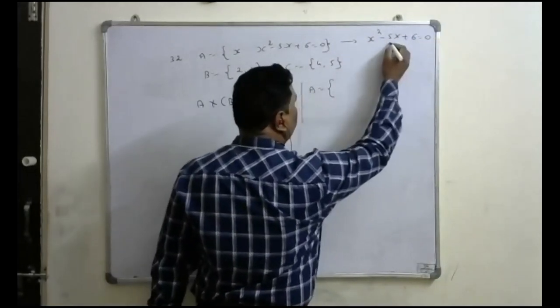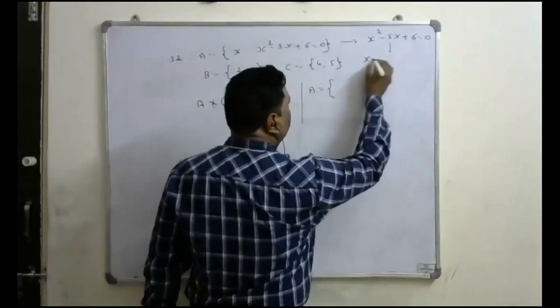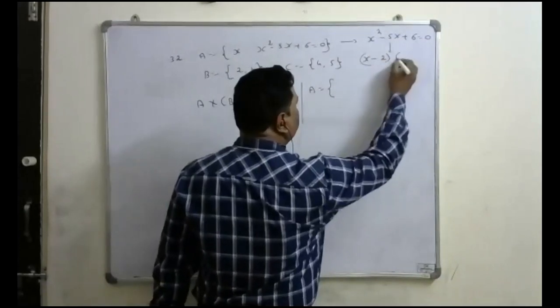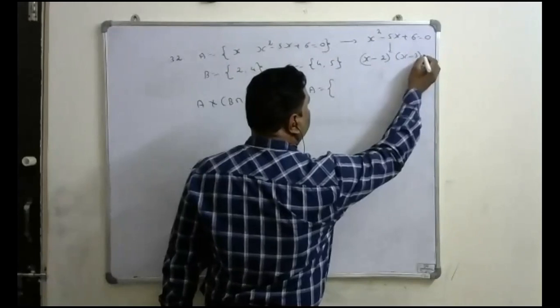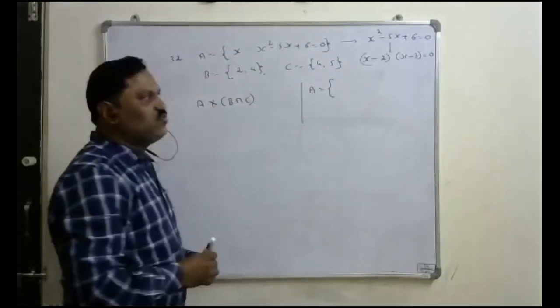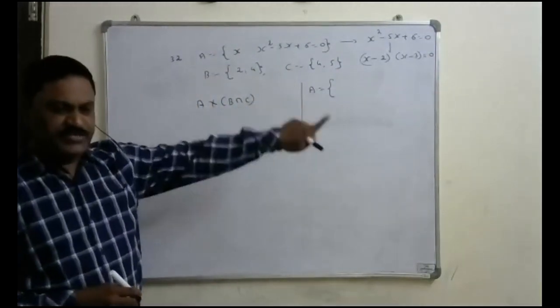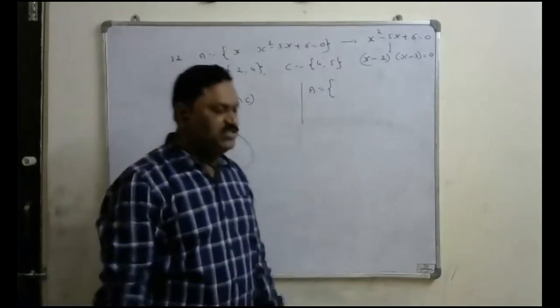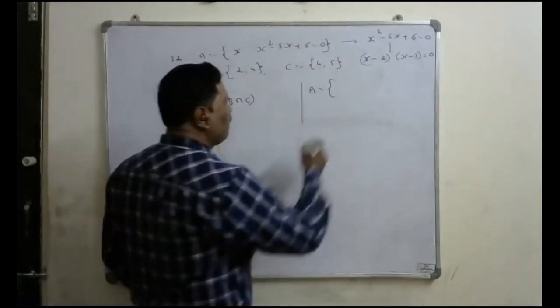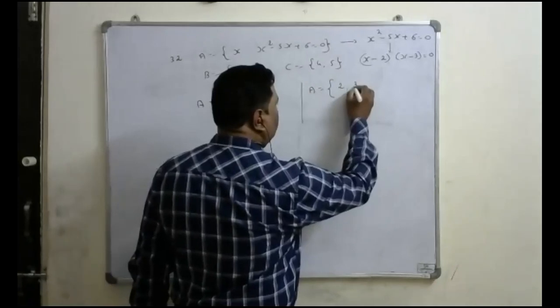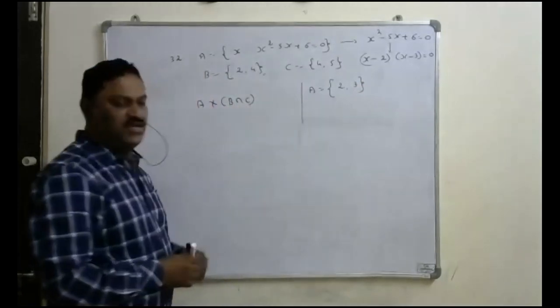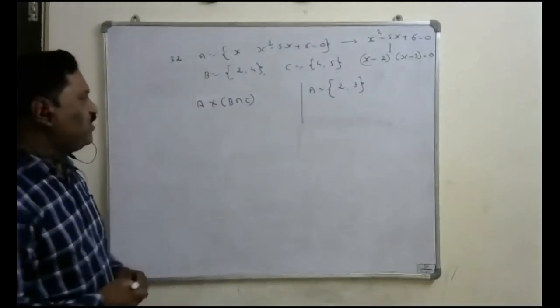What are the factors of it? x minus 2 into x minus 3. The factors of that quadratic equation are x minus 2 into x minus 3. Then what are the roots? 2 and 3. So set A will have the elements 2 and 3.